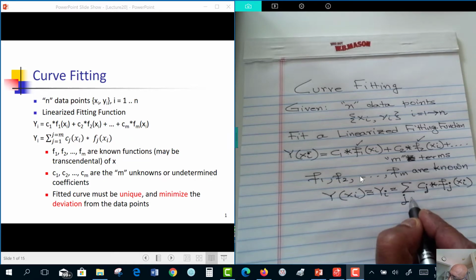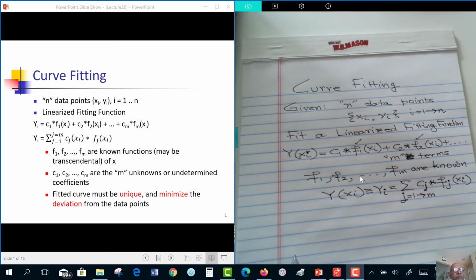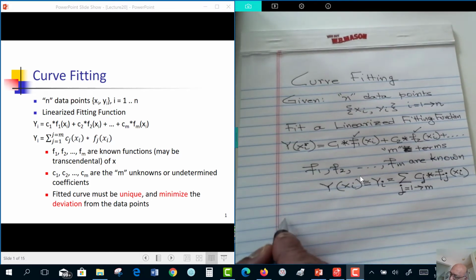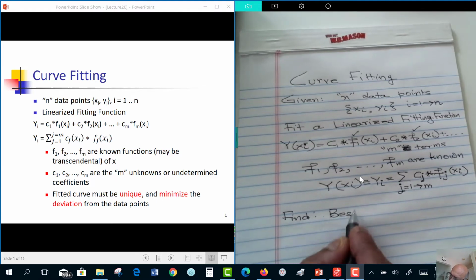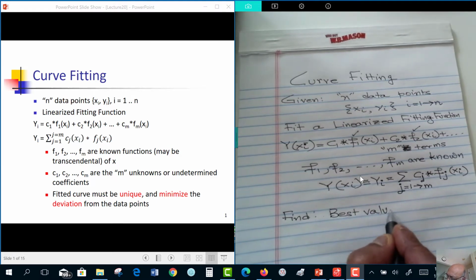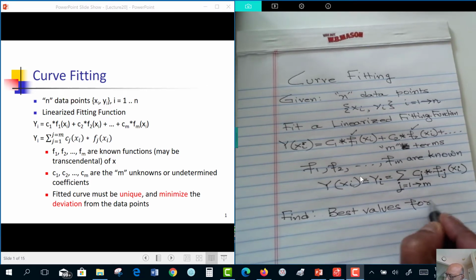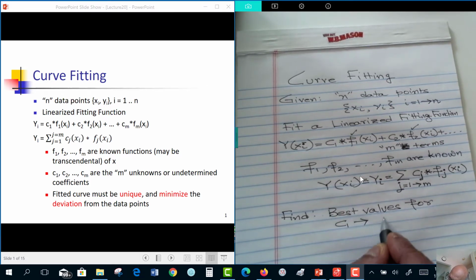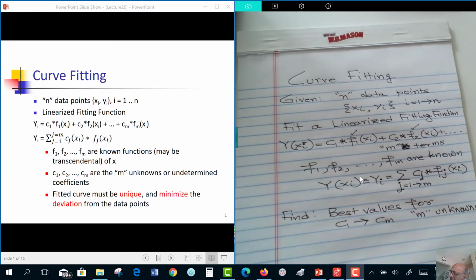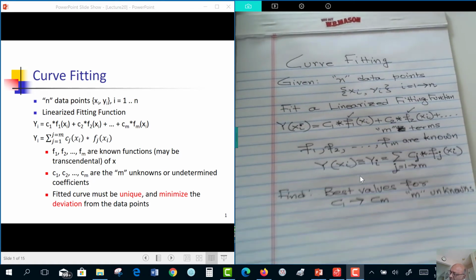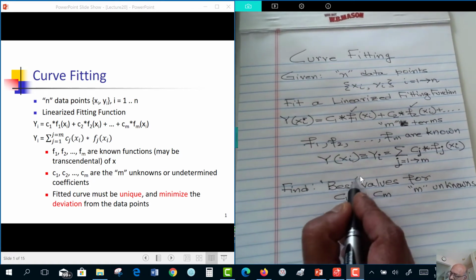And these terms are numbered from 1 to m. What we want to find then is the best values of the unknowns c1 through cm. So therefore we have m unknowns. So we have n data points and m unknowns. So we need to define what we mean by best.